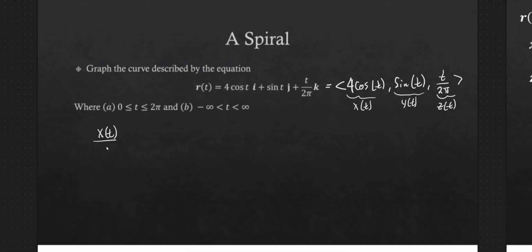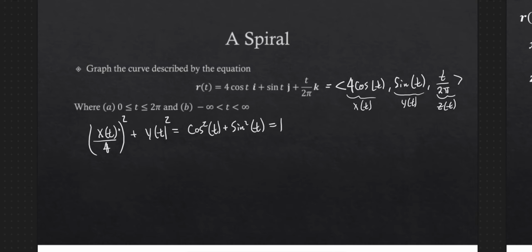So I'll do x of t over 4 squared plus y of t squared, and let's see what we get. x of t over 4 is cosine t, so that's cosine squared of t, plus y of t squared is just sine squared of t, and I know that's identically 1.